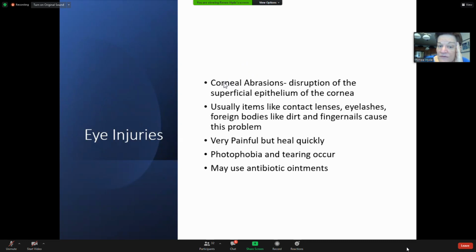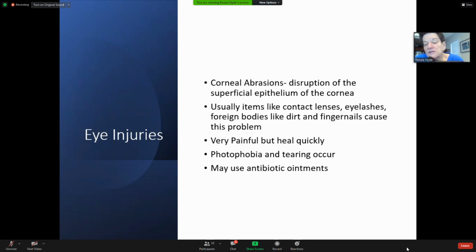Now, there is a difference between corneal abrasion and corneal ulceration, okay? Corneal ulceration usually occurs because of a continued irritation. One of the things that we need to be very careful about as nurses is that I used to work with trauma patients all the time.